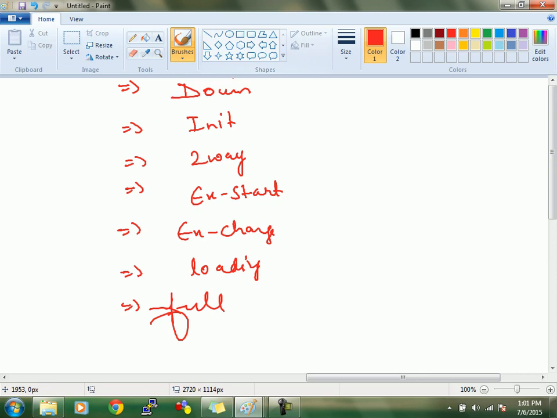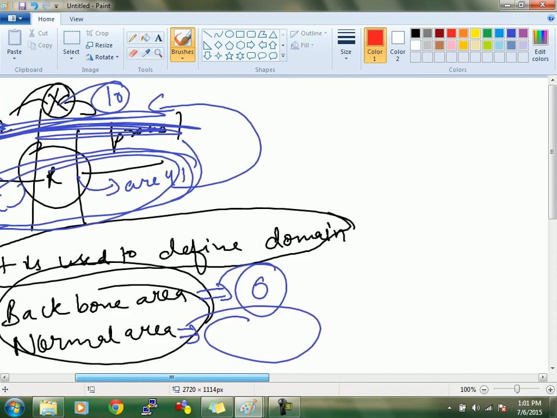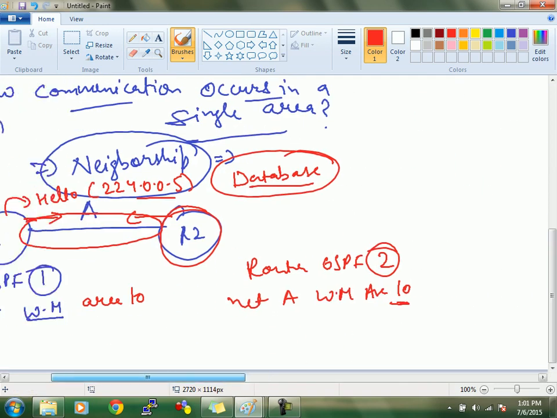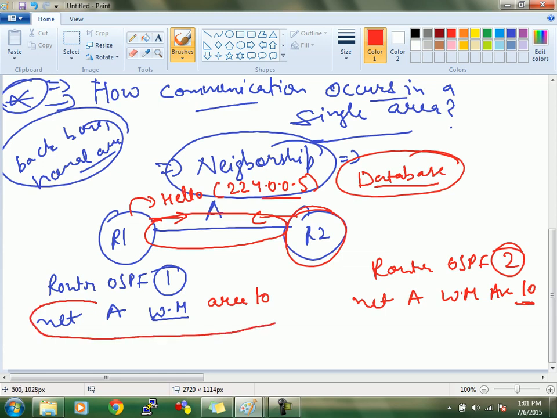Now, what is down state? Down means I have defined a network command for this interface, but this interface is shut down. What I am trying to say, OSPF is enabled on the interface, but interface is shut down. So OSPF state will be down. This thing is clear.